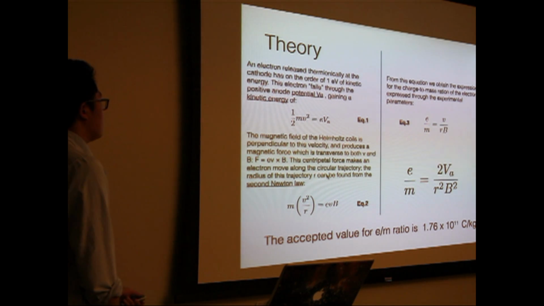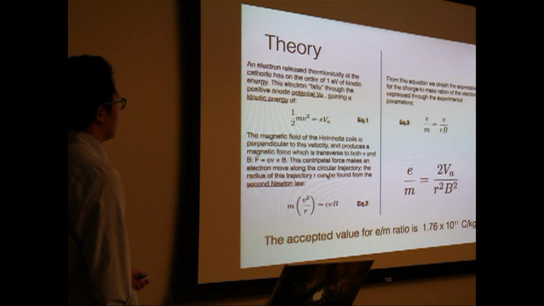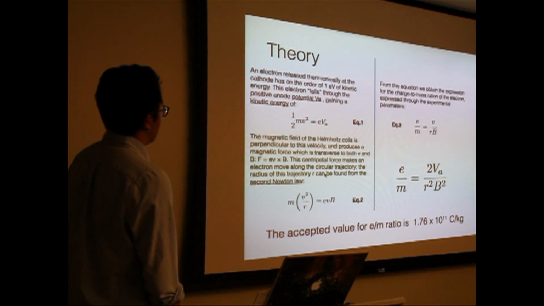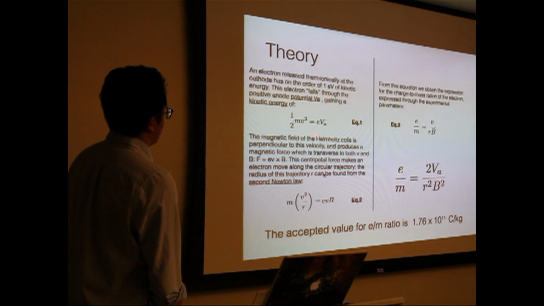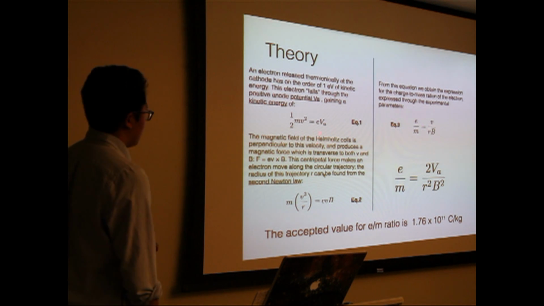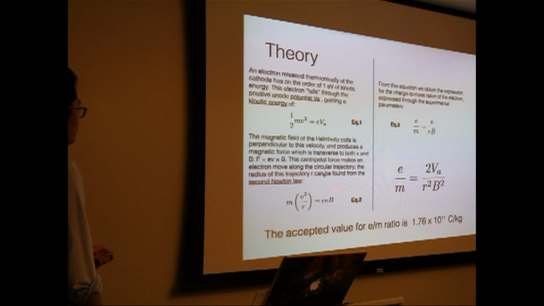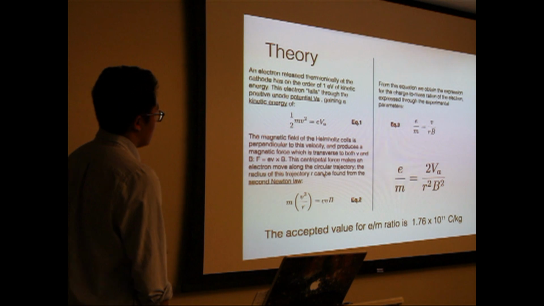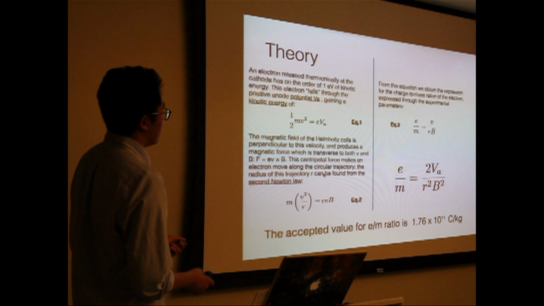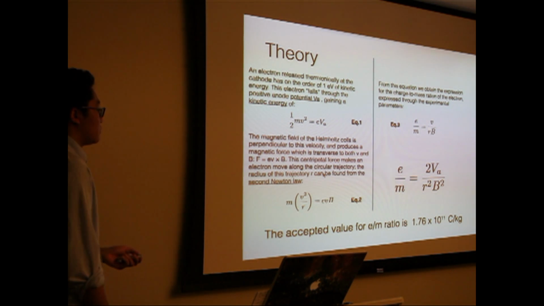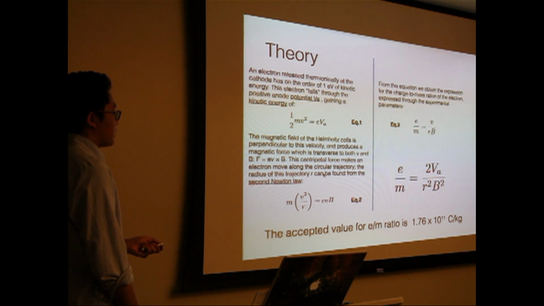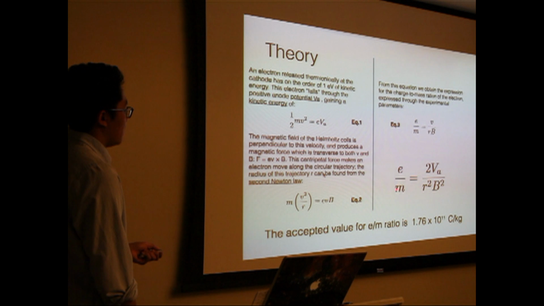The theory behind this experiment is pretty simple. First, the electrons gain kinetic energy due to the potential energy lost. Based on Newton's second law, we can rewrite equation 1 to this form. This demonstrates how the electron path forms a light emission ring, and combining those equations together, we work out the equation we use to calculate the e over m ratio.